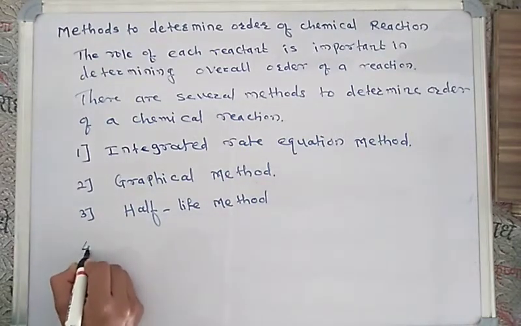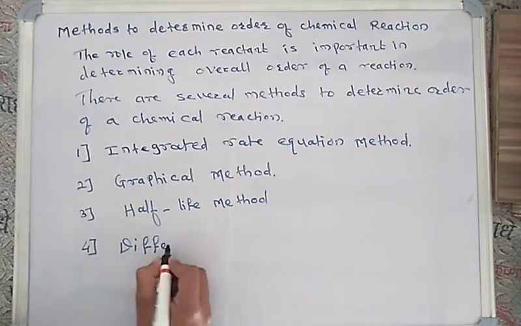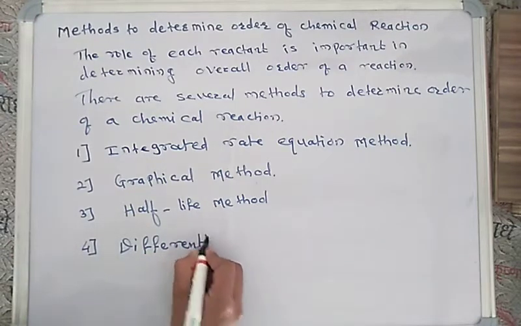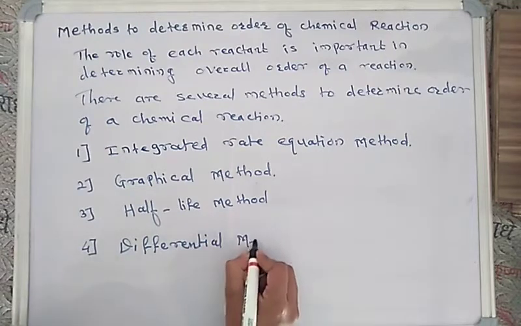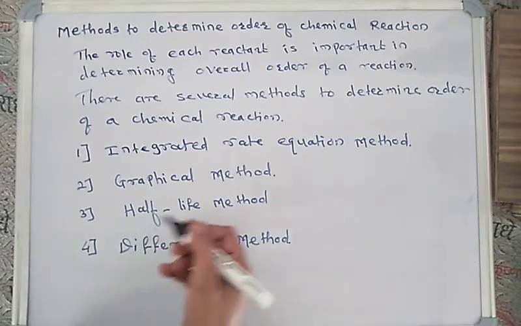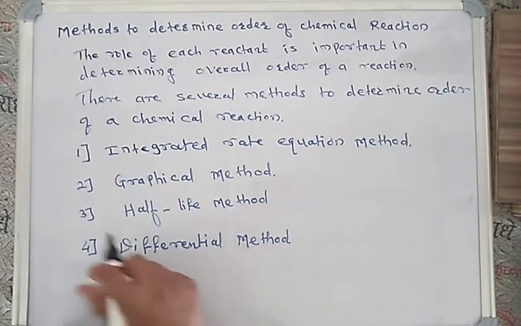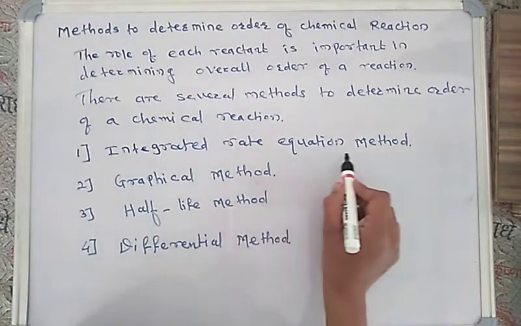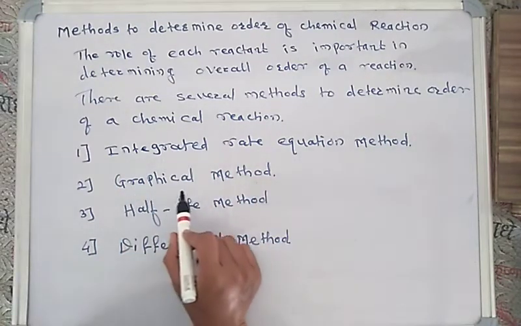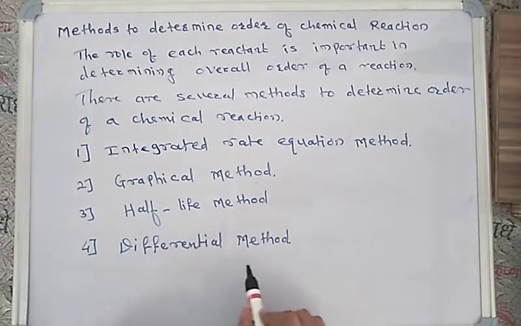And the fourth method is the differential method. These are the several methods to determine the order of a chemical reaction. Let us see them one by one.